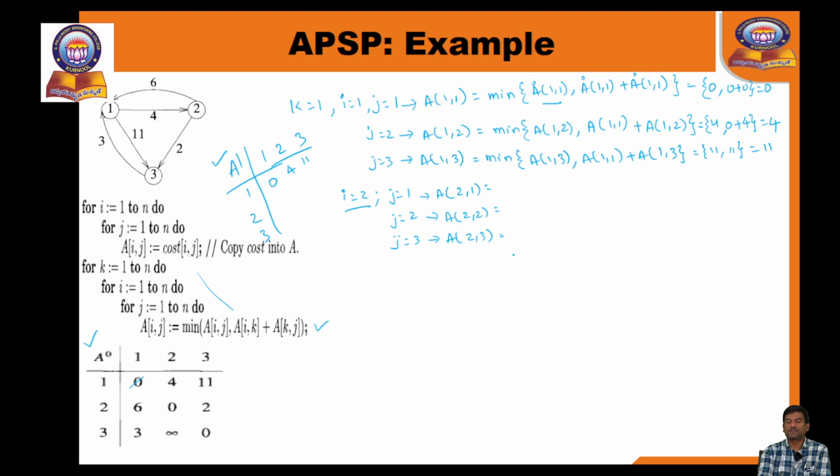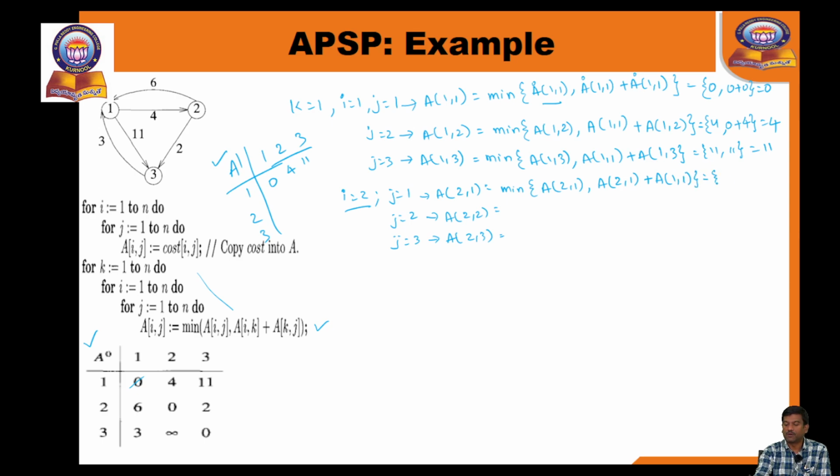Replace the values of A of i, j, that is the minimum of A of i, j (i is 2, j is 1), comma, A of i, k (i is 2, k is 1) plus A of k, j (k is 1, j value is equal to 1).